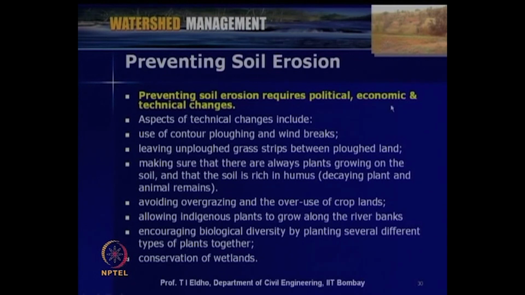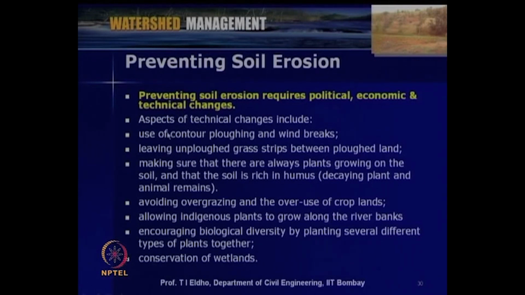So, that way economic reasons, and then political willpower, and how the administrators can go for various soil erosion prevention, which way we can implement it. Accordingly it can be political, economic and technical changes.